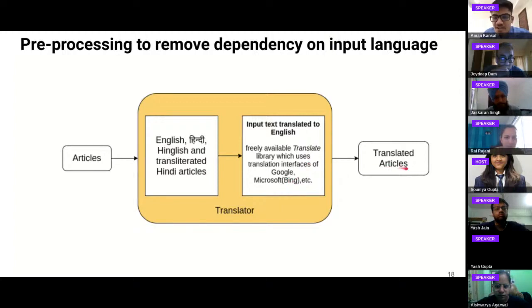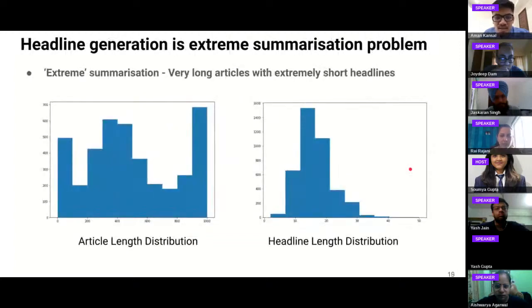Once you have the translated articles, before telling you about the approach, it's important to see the data distribution here, in terms of the number of words in the article and the number of words in the headline. As you can see, we were constrained to output a maximum of 20 words for the headline, but the articles could have been of arbitrary length.